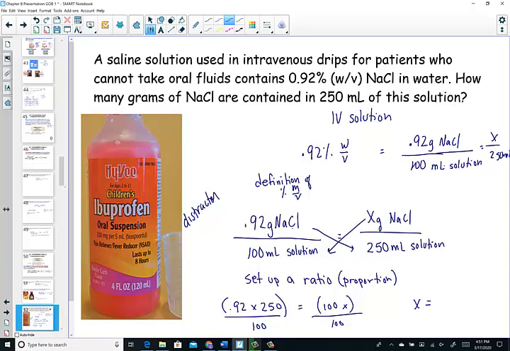So my key sequence, 0.92 times 250, divide by 100. And I get 2.3 grams of sodium chloride. Is that the correct sig figs? Yep, 2 sig figs would be perfect.